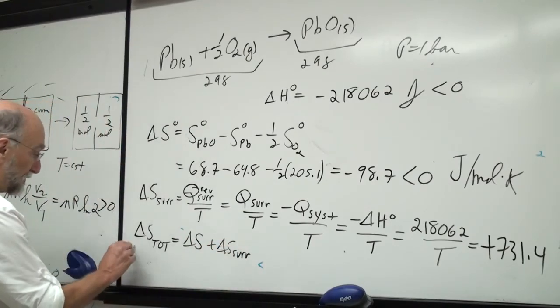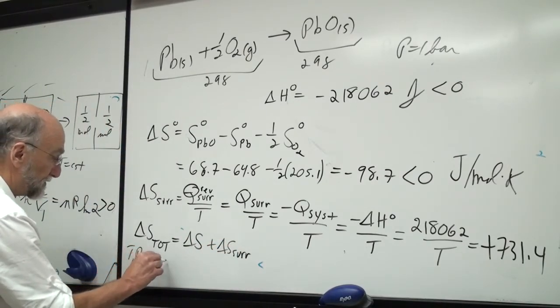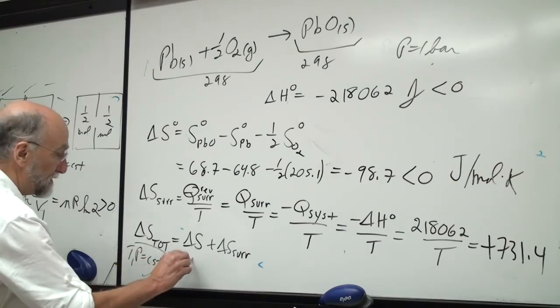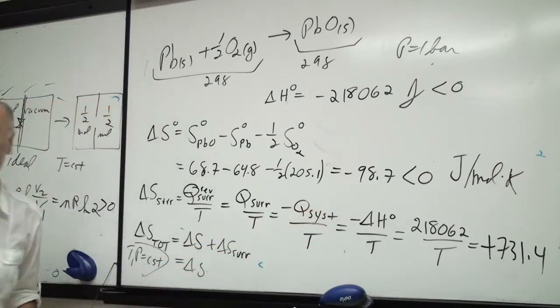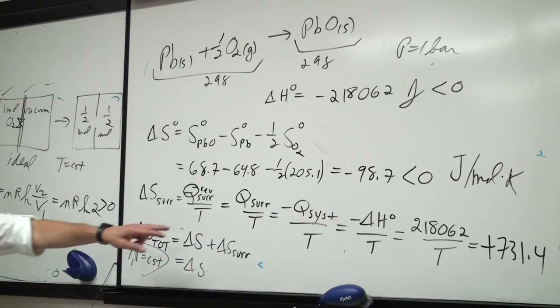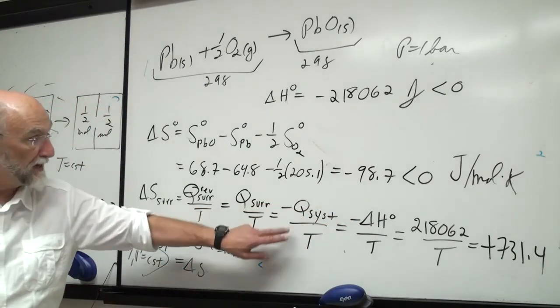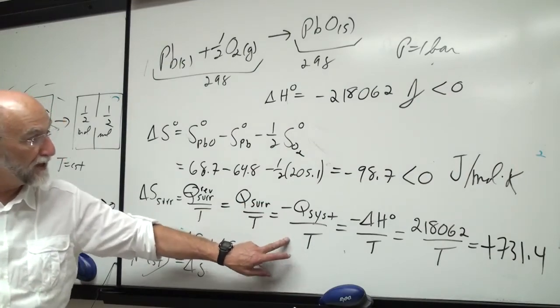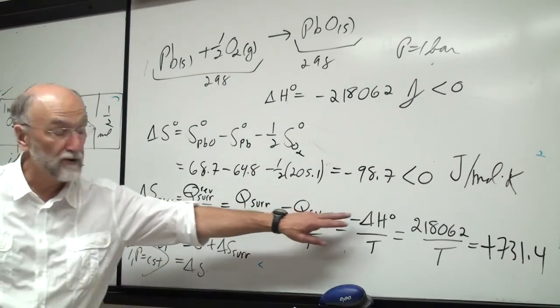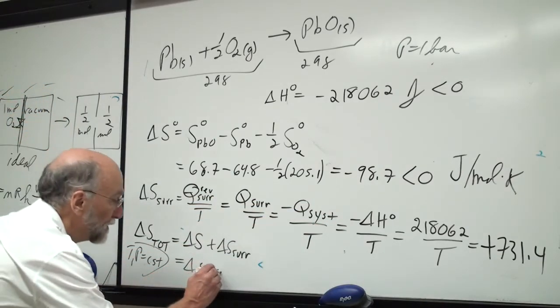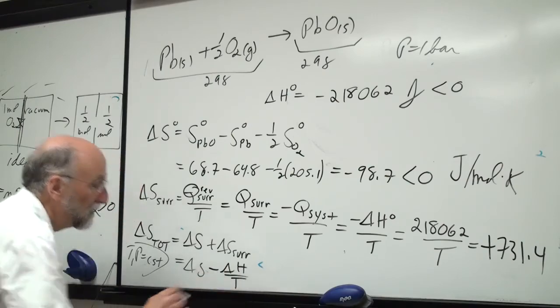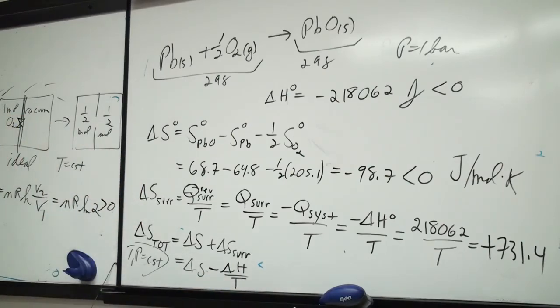And now temperature and pressure are constant. So that's equal to delta S plus delta S surroundings, which is Q surroundings over T, which is minus Q system over T by the first law. If T and P are constant, Q system is delta H. So delta S total is delta S minus delta H over T, provided that we keep the temperature and pressure constant.